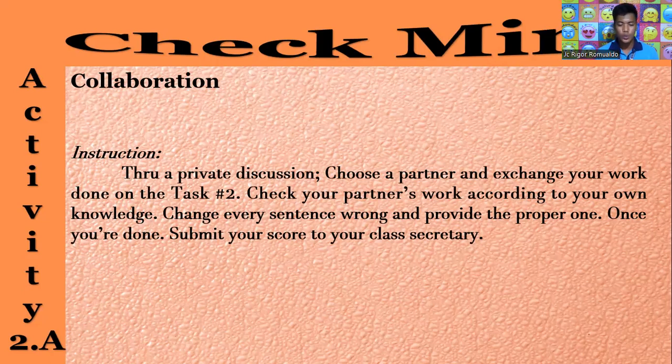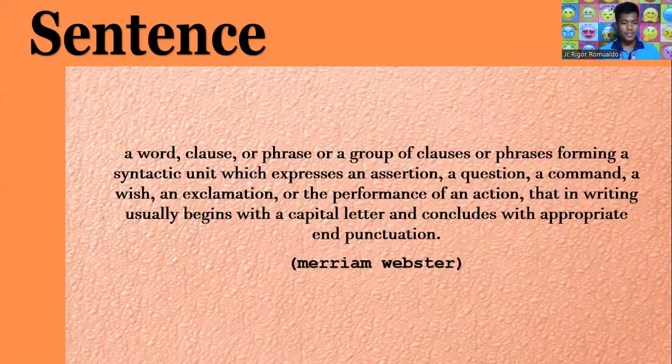Maybe on our GC class on the messenger, please submit your name and your score. So maybe your secretary is the secretary of this class, Pineda. So you're going to collect all the scores of your classmates. Okay, then submit it to me later. Maybe until 5. Are we clear? Very good. So let's go.